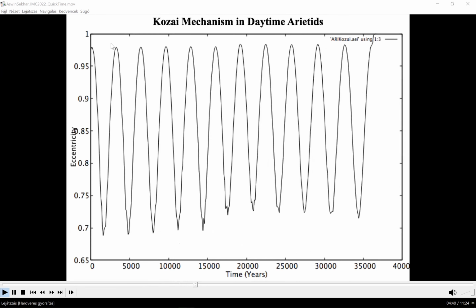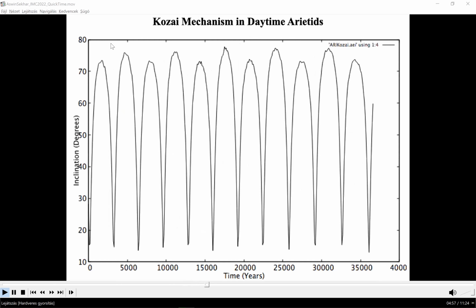This is an eccentricity versus time plot for a daytime Arietids particle, and you could actually again see this particle falling into the sun in this 36,000-ish years time frame. And this is an inclination versus time plot. This again shows these sort of cycles, which is a signature of these Lidov-Kozai librations.